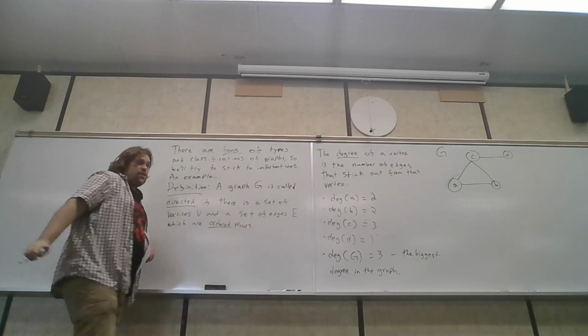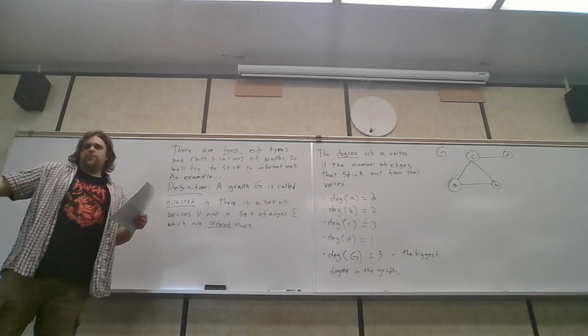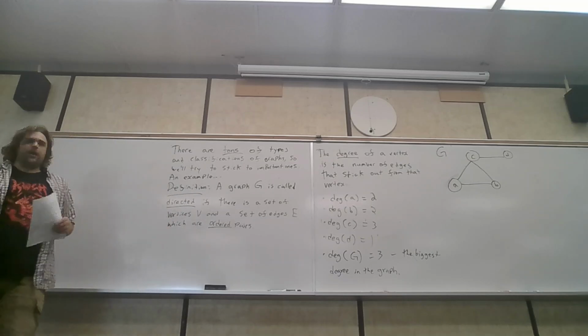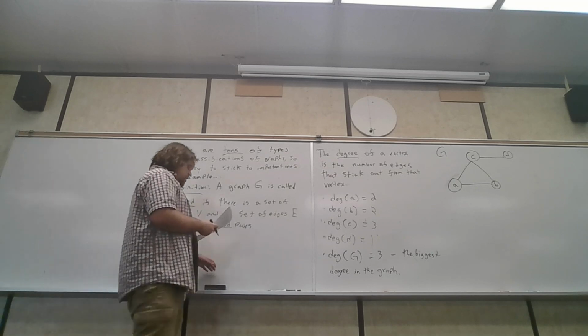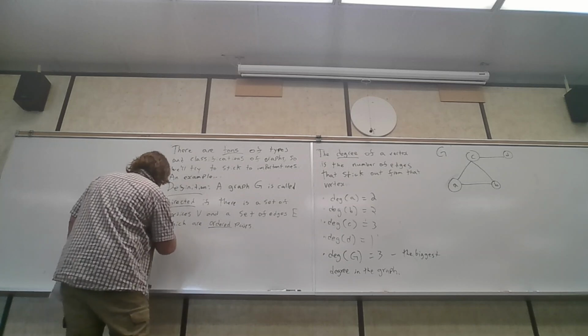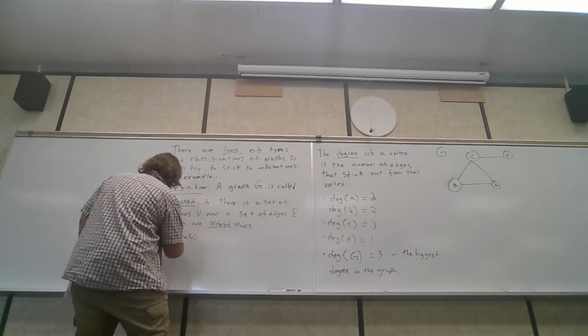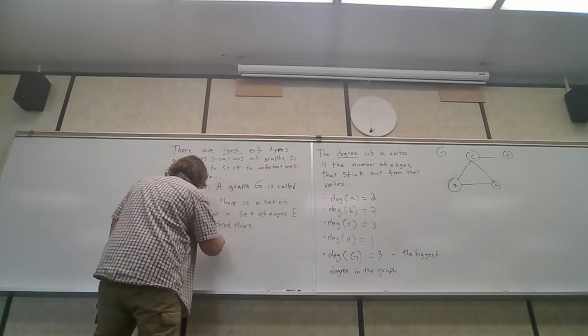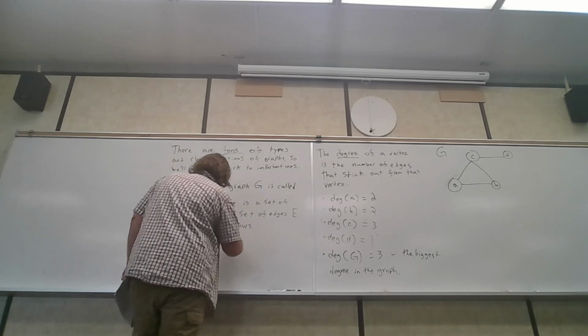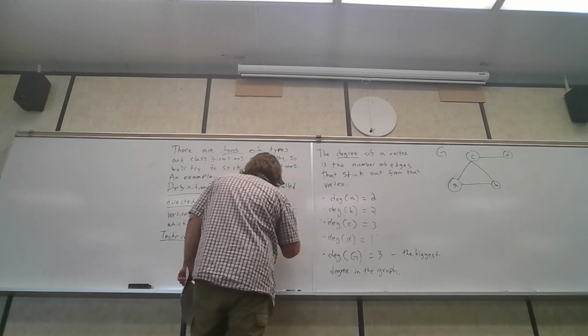So in the previous definition, we said unordered pairs, right? It didn't matter if it was A comma B or B comma A. Now we're saying, no, actually we care, right? This matters. So technically, the previous graphs were called undirected.